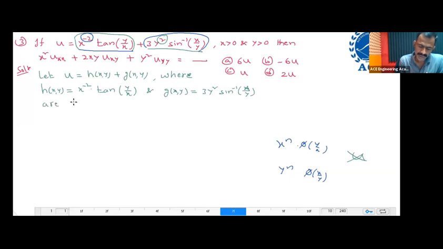Both are homogeneous functions with the degree m equal to -2 and n equal to 2 respectively.